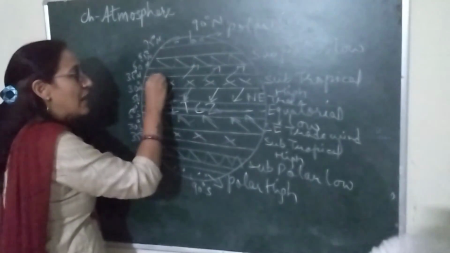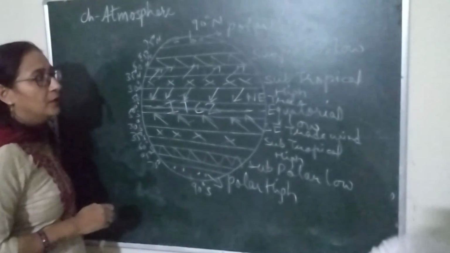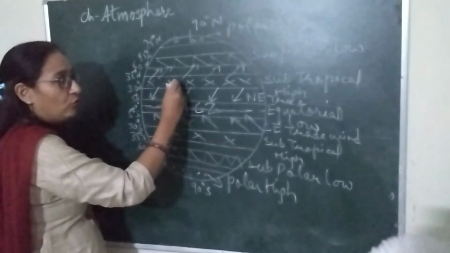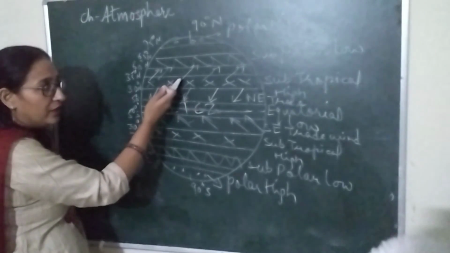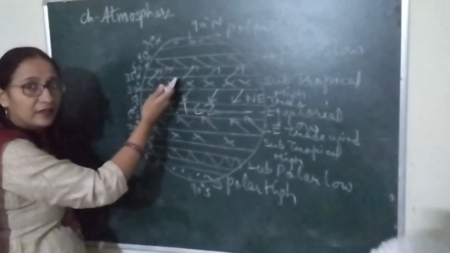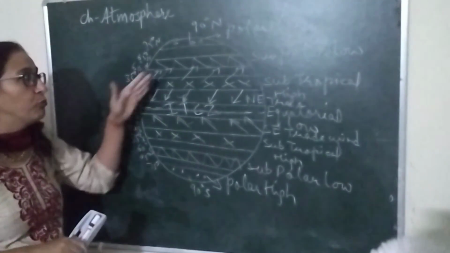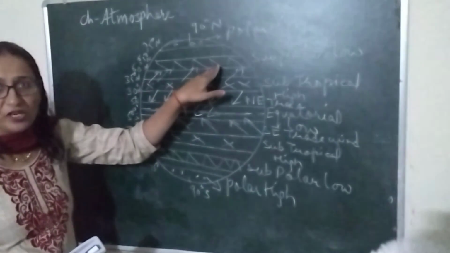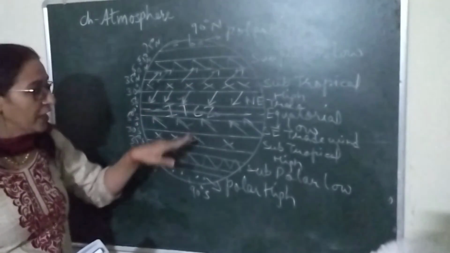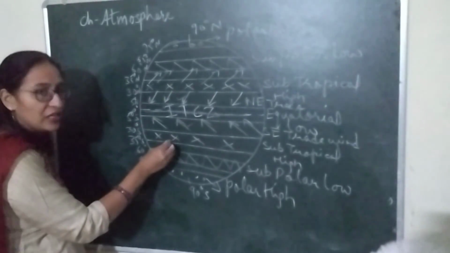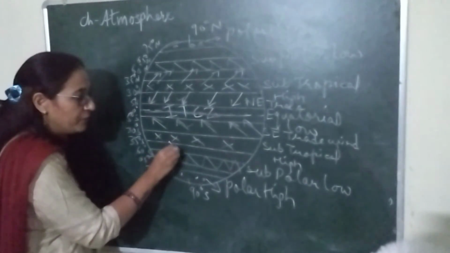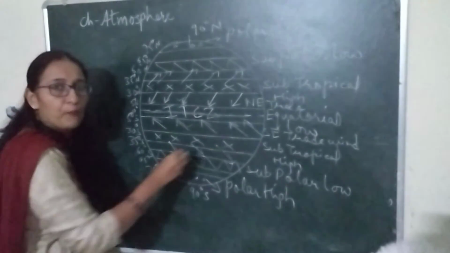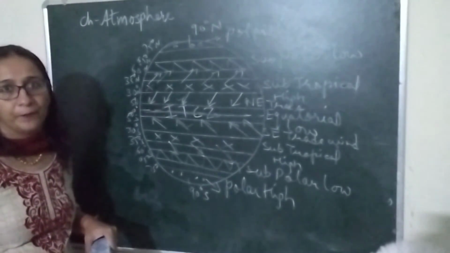So in the northern hemisphere, the winds blow in this way, in the direction I have marked here. Westerly winds blow from the subtropical high pressure belt to the subpolar low pressure belt in the northern hemisphere. Here also, these westerlies blow from the subtropical high pressure belt to the subpolar low pressure belt.